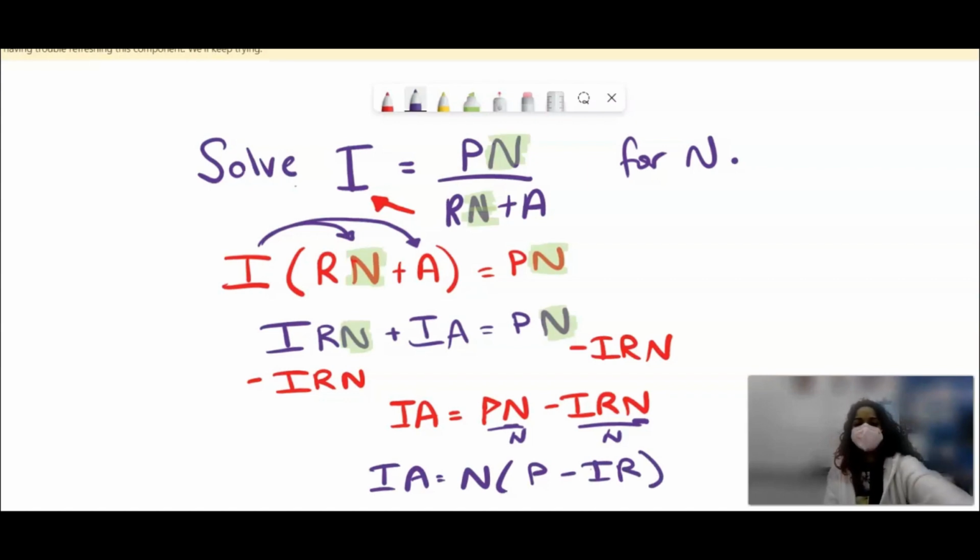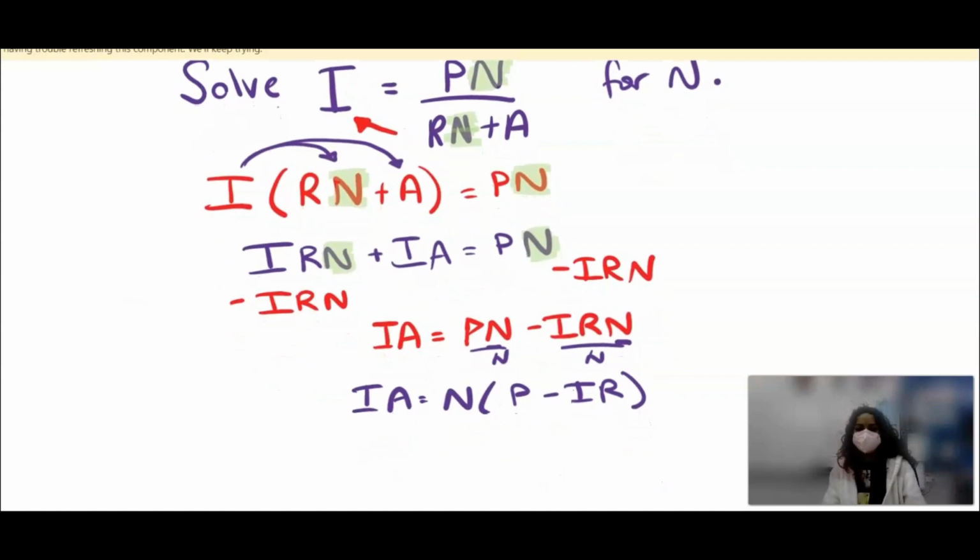You guys following me? And do you guys see that I finally got the n by itself? Yes. I only have one n now, and that means I'm on the right track.